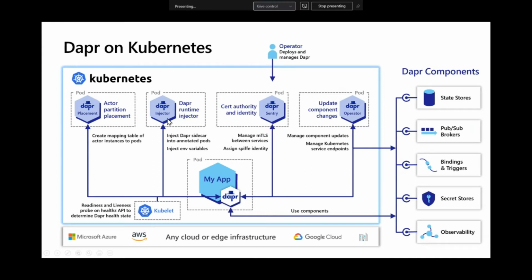Then we have the injector, which has the role of positioning the Dapr sidecar in the deployments that are requesting it. Then we have the sentry, and the sentry's role is to create a secure channel between the services. Then we have the operator, which manages the configuration of components, etc.